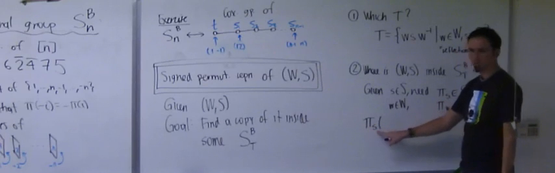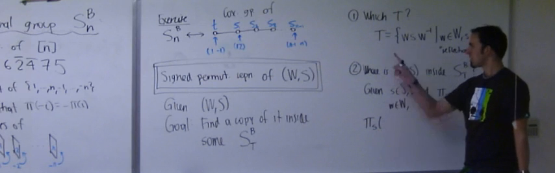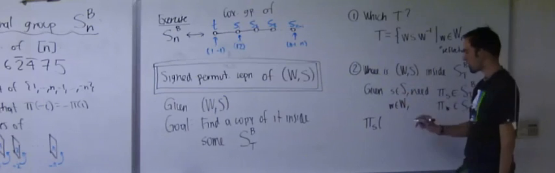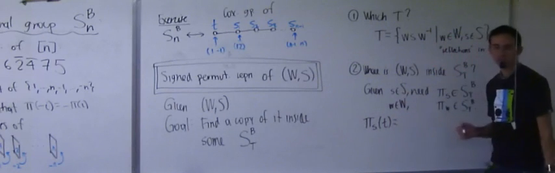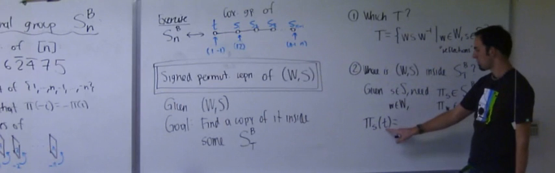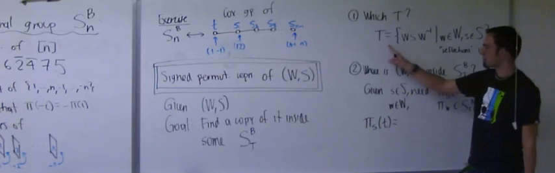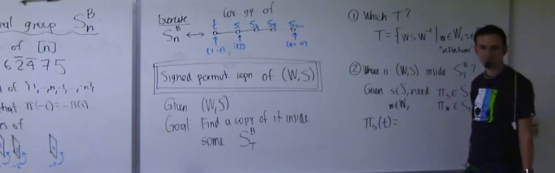Signed permutation sub S. So what that signed permutation does is that it switches around this set T. In other words, I need to tell you what it does to an element T. Okay? And it should send it to a different element, or maybe the same element, but it should send you to some other thing in T, possibly with a minus sign. Okay?